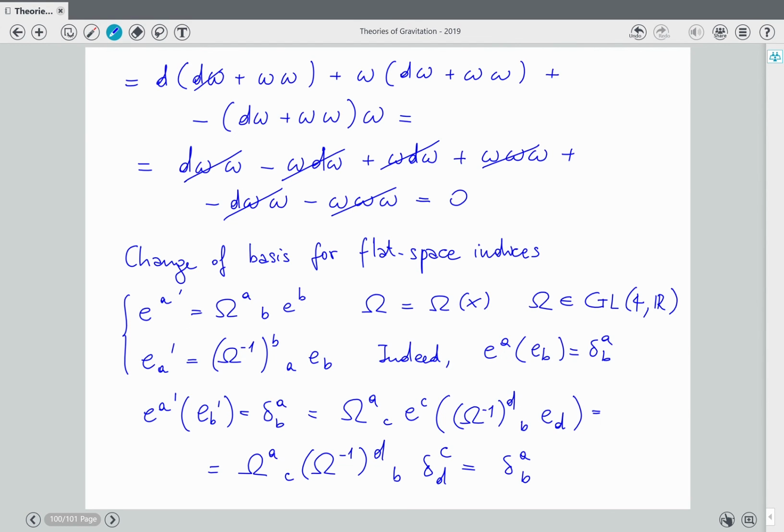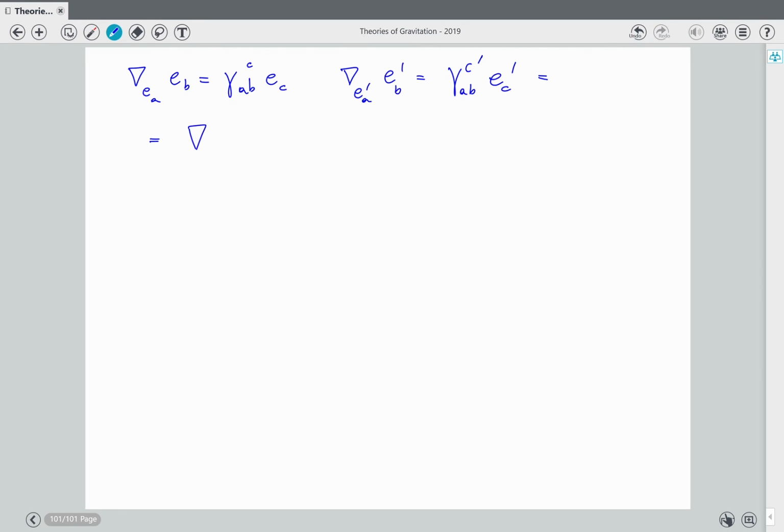Vectors transform as we said before. We replace. That's del omega minus 1 A D E D. Here we have omega minus 1 B E E E.